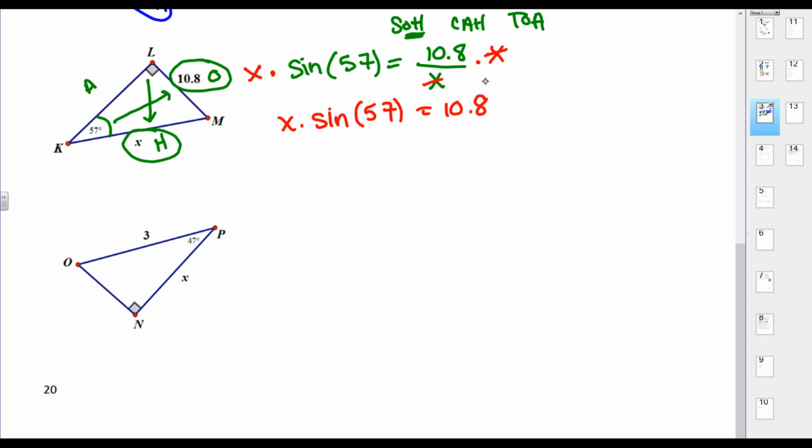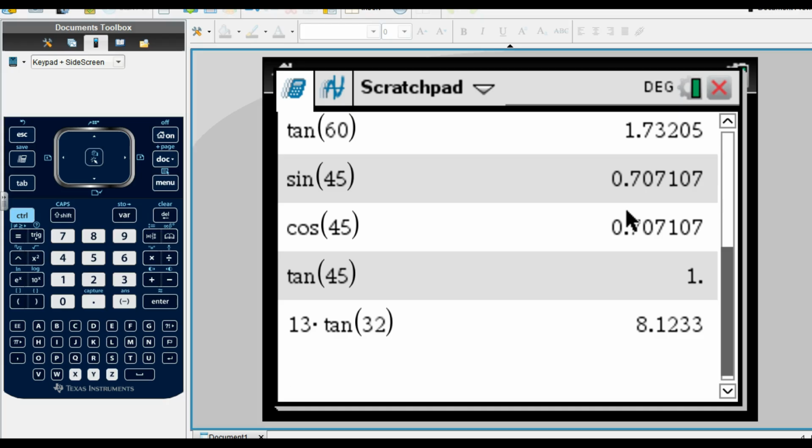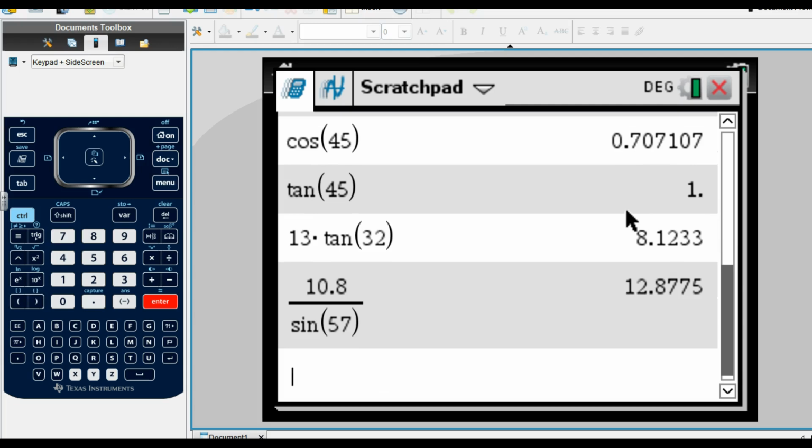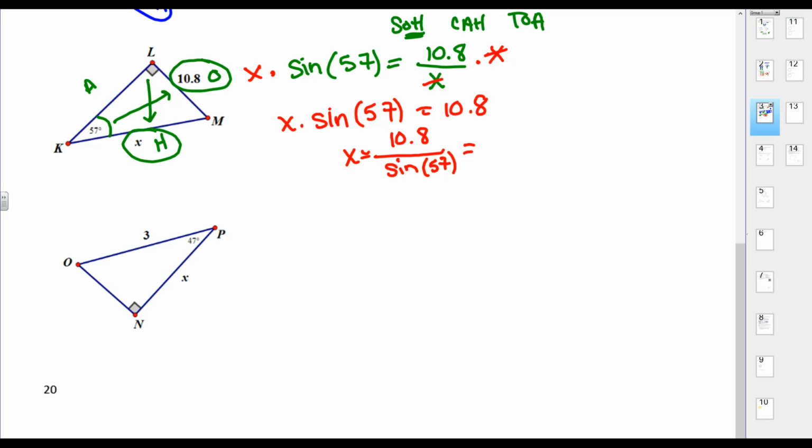I'm going to divide both sides by the sine of 57, so I get x equals 10.8 divided by the sine of 57. And then I put that in my calculator to solve it. So I go to the calculator, I do 10.8 divided by the sine of 57, and I get 12.878 as my answer.